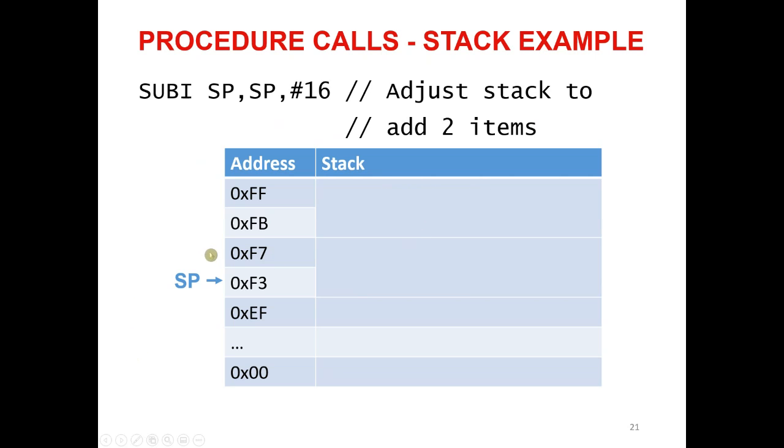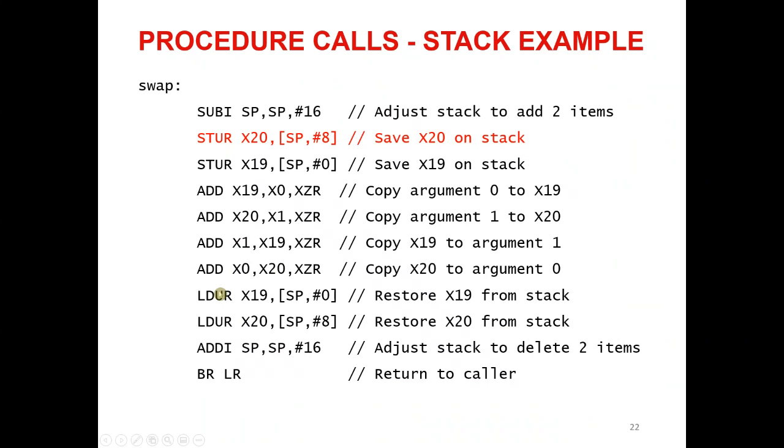I have just moved the stack pointer from that position to this one. But now I need to actually store the data I want to store in the stack memory.